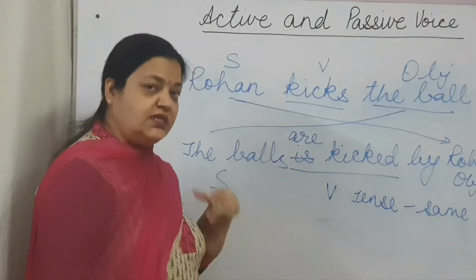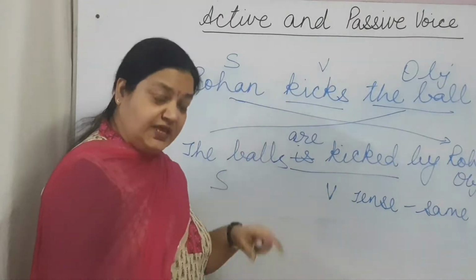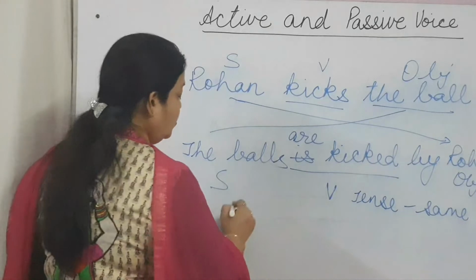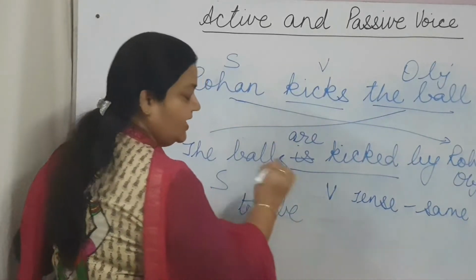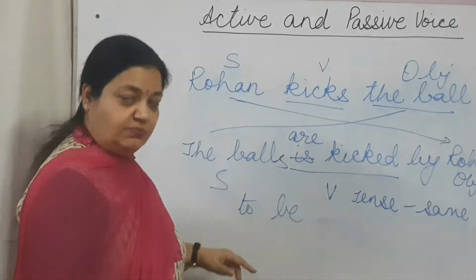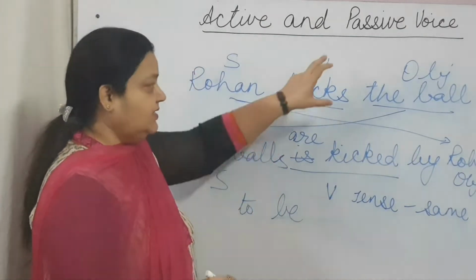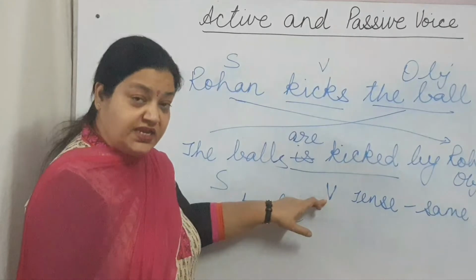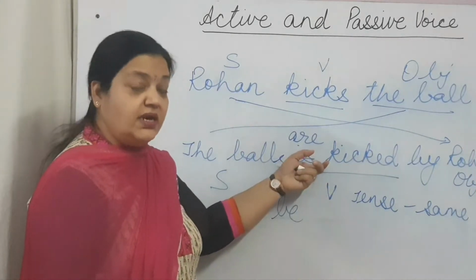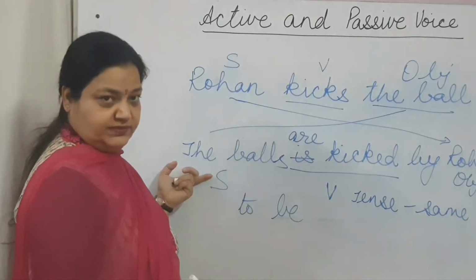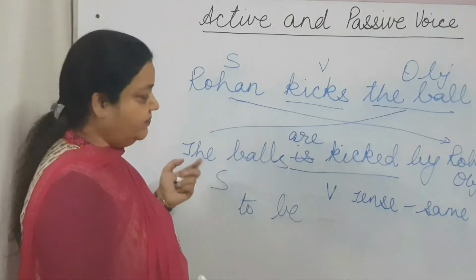Was, were is used in past tense. Being is added in future tense, or if to is used, then be is added. These all I will be discussing later on in detail, just to make you understand that the tense doesn't change and the verb in number has to agree with the number of the subject. That is clear?